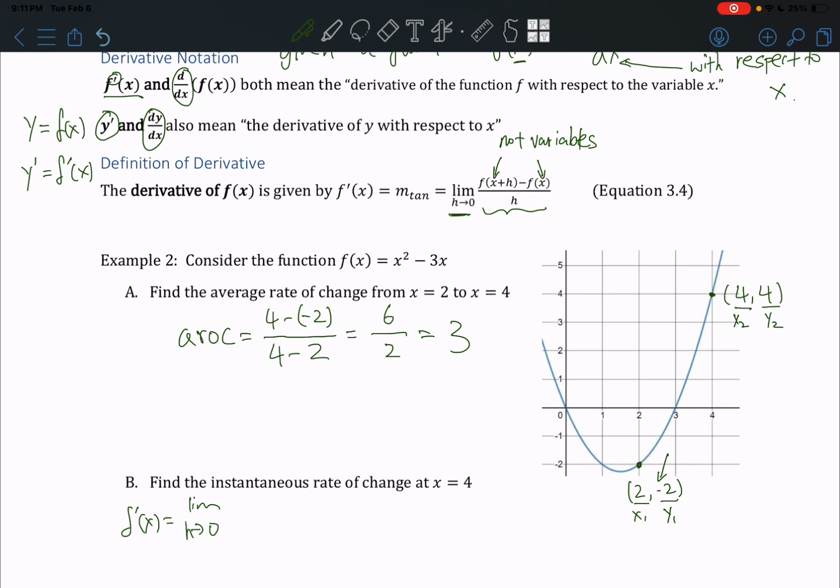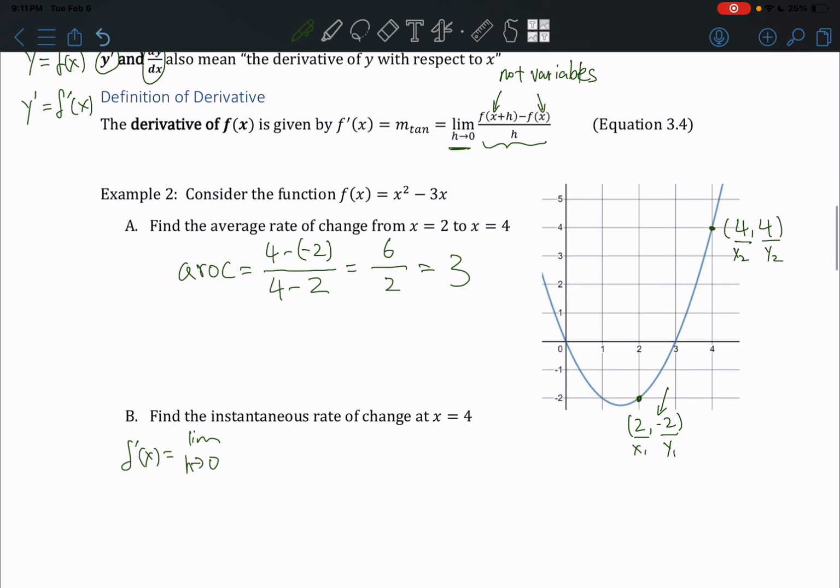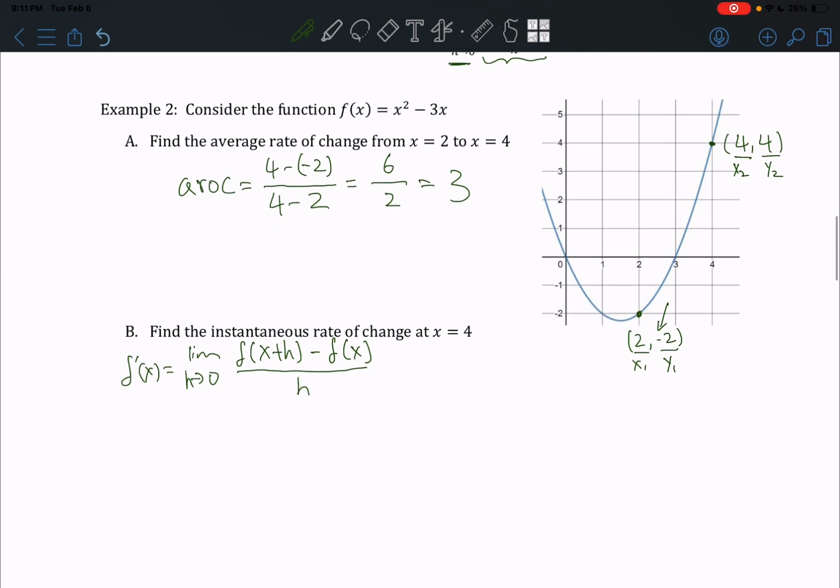Because inside this limit, only h is changing. Keeping that in mind, we have f of x plus h minus f of x all over h. Okay? So let's evaluate this limit by definition.